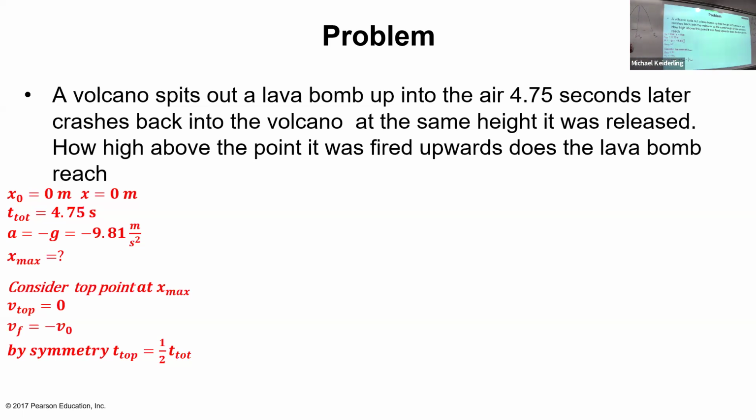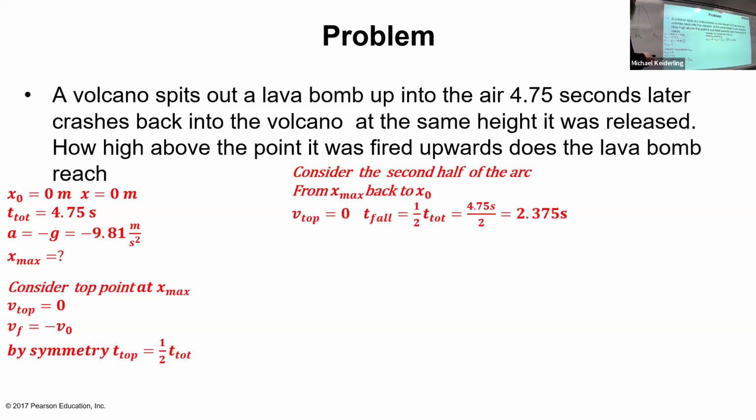That goes from half of T-top to T-top, so it's 1/2 T-top. If we consider the second half of the arc, we go from X max back to our X0, which is 0 meters. The velocity at the top is 0. The time it takes to fall is 1/2 the total time, or 2.375 seconds.